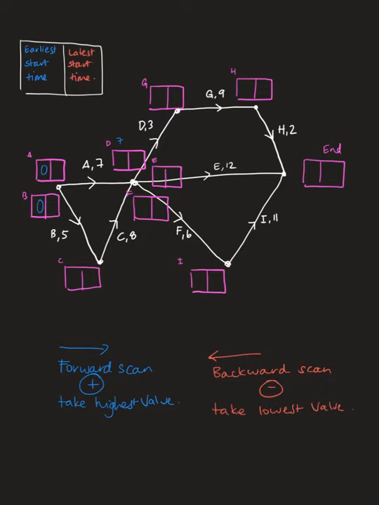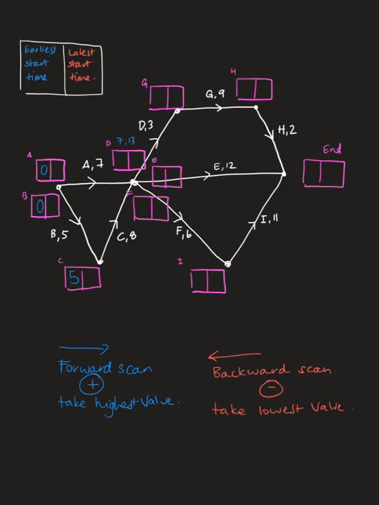So in order to start C, I must go through B. That's the only option I have. So 0 plus 5 is 5. And then to come into this vertex up here to start D, E and F, I can go 5 plus 8, which is 13. 13 is an option here.